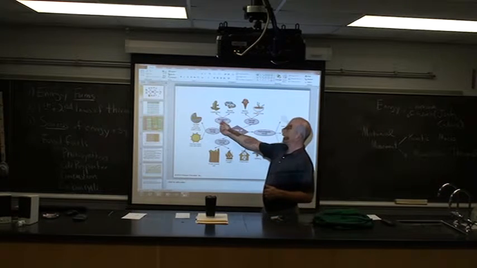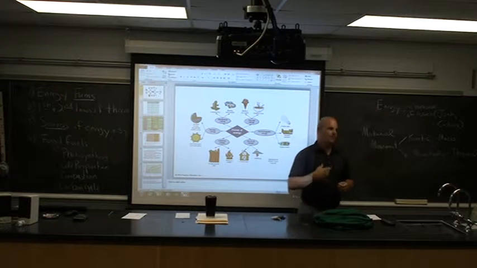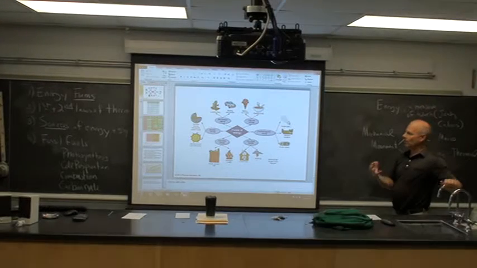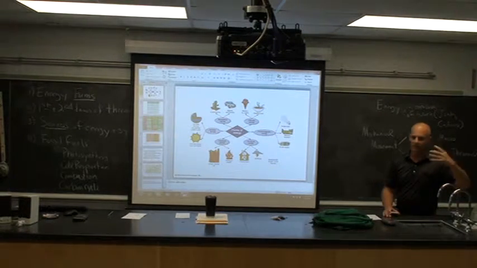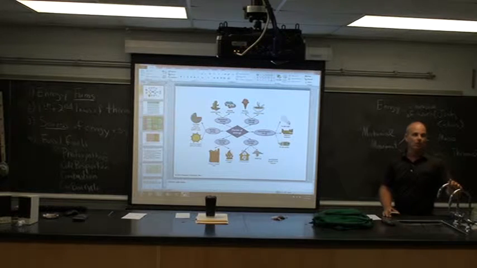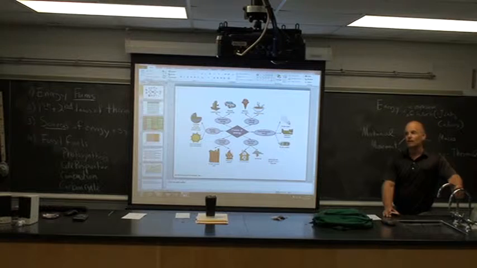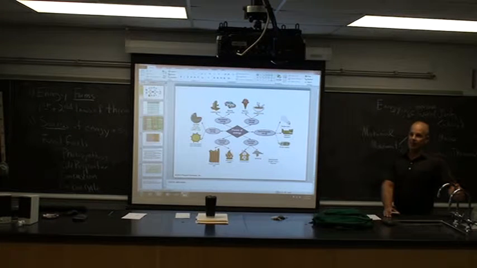So you see mechanical and thermal energy are both involved with motion. It's just that when we're talking about thermal energy, we're talking about the movement of molecules. So it's cool in this room, so the molecules in this room on average are moving slower than the molecules up in room 302 where they haven't fixed the air conditioner yet, right? And we feel that as heat.